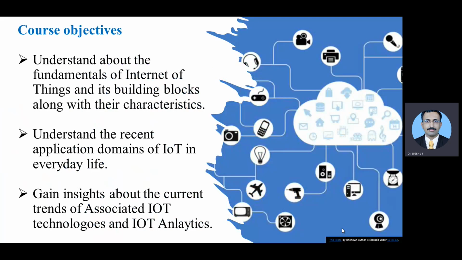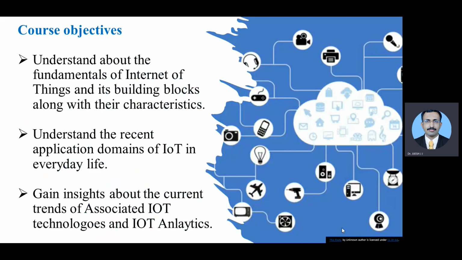So what is the first objective? We are going to understand the fundamentals of Internet of Things. What is it all about? What are the fundamentals of Internet of Things? How does the functionality work? All those things we are going to study, and its building blocks along with their characteristics. What is the basic block diagram for that?